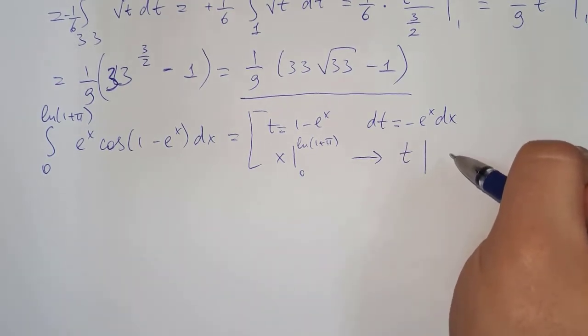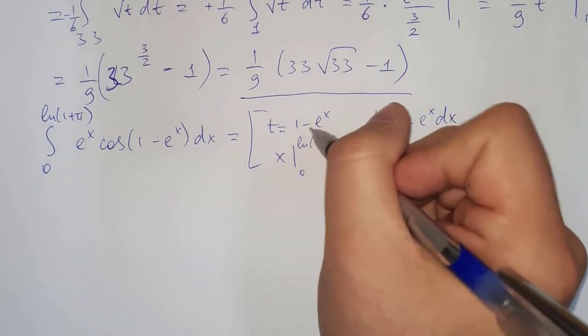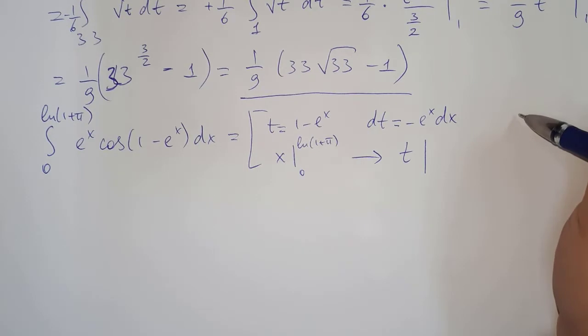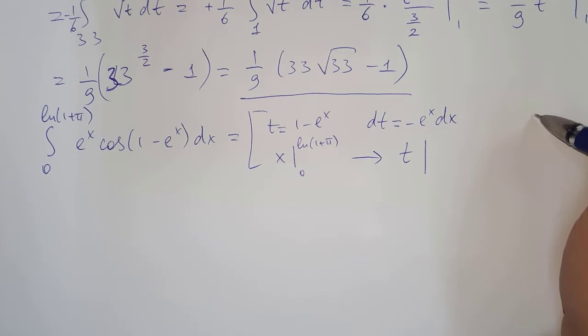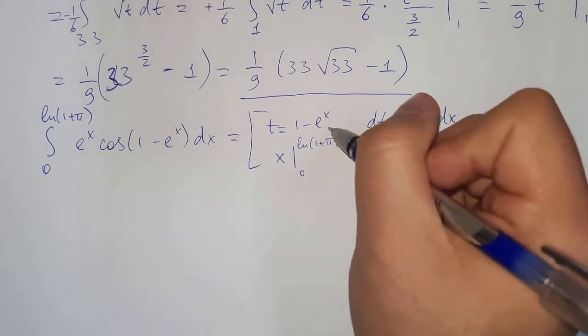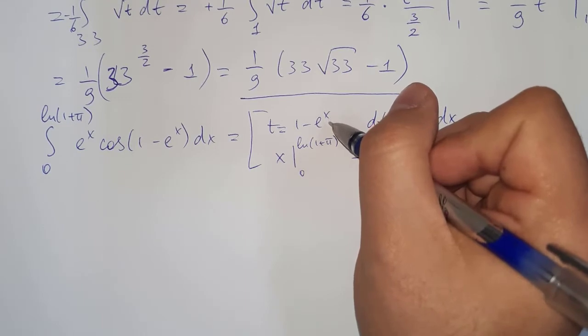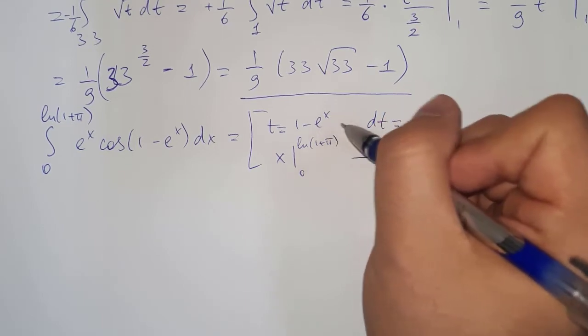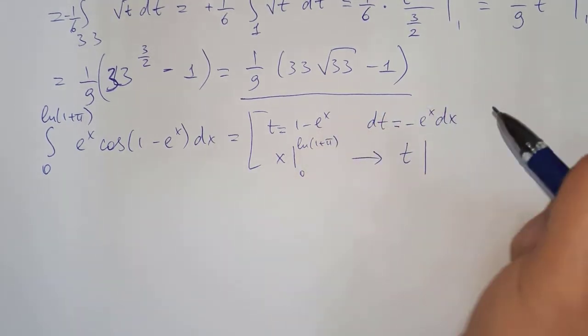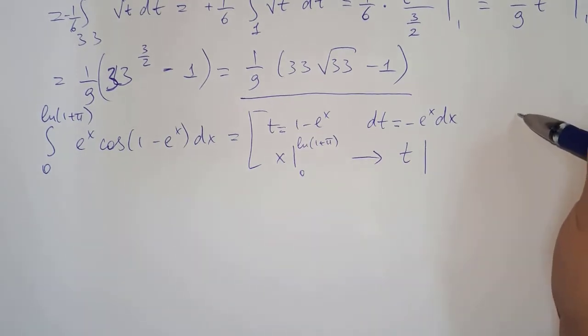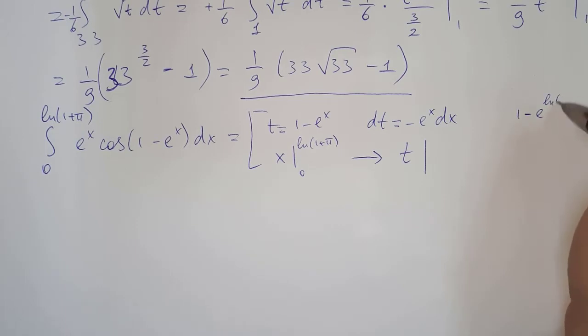If we put natural logarithm of 1 plus pi instead of x, we have 1 minus e to the power of natural logarithm of 1 plus pi.